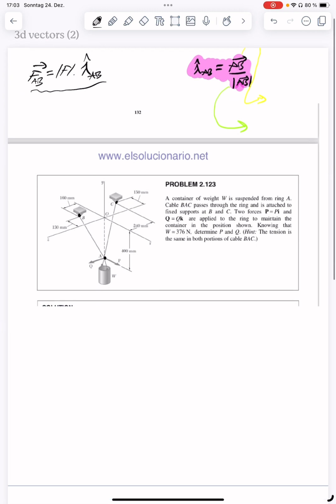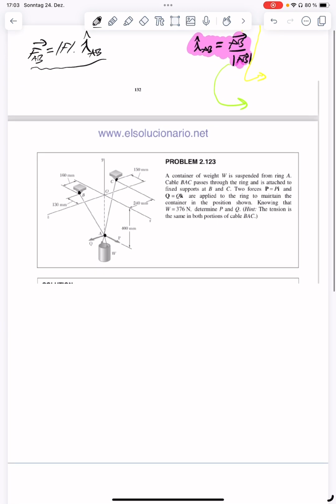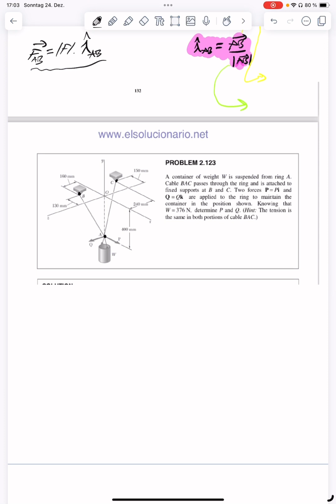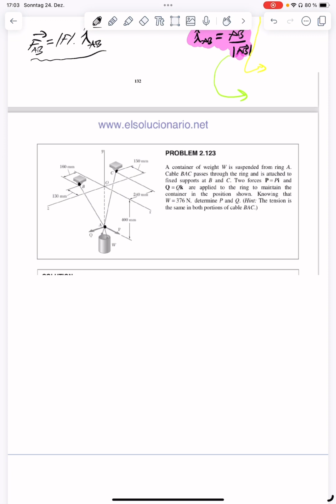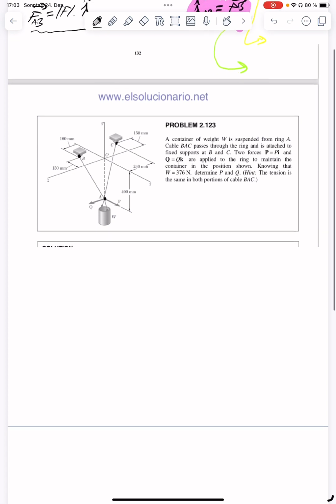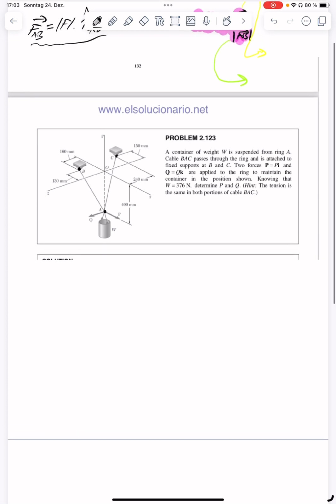Two forces, P equal to Pi and Q equal to Qk, are applied to the ring to maintain the container in the position shown. Here we can see that there is a P vector in the x-axis and a Q vector in the z-axis. Knowing that W is equal to 376 Newton, determine P and Q. The tension is the same in both portions of cable BAC.